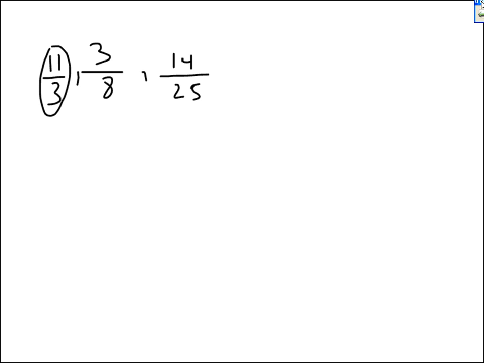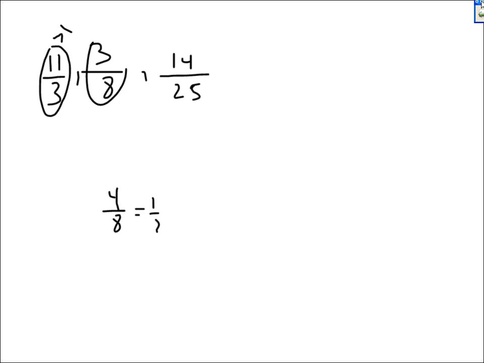If you have 3 over 8 and 14 over 25 and 11 over 3. First I would say this number is more than 1. 3 over 8. Well, we know that 4 over 8 is a half.